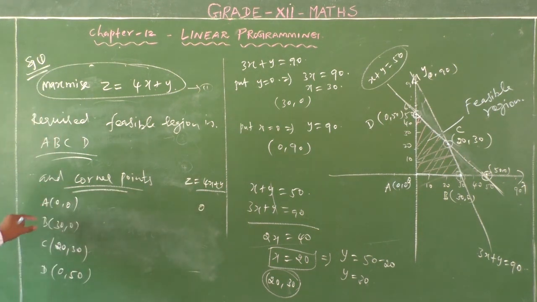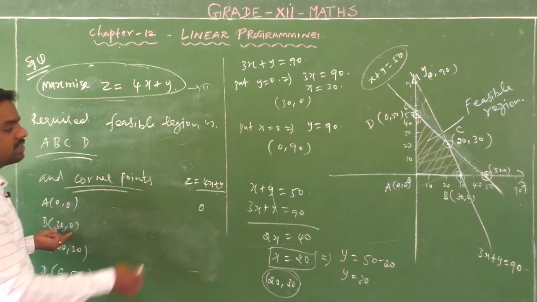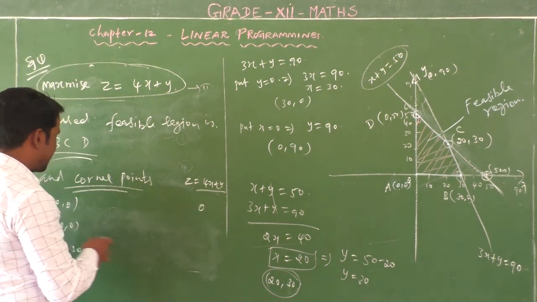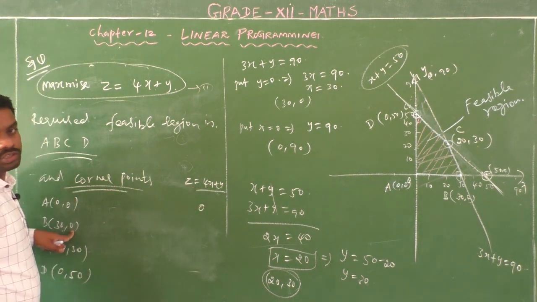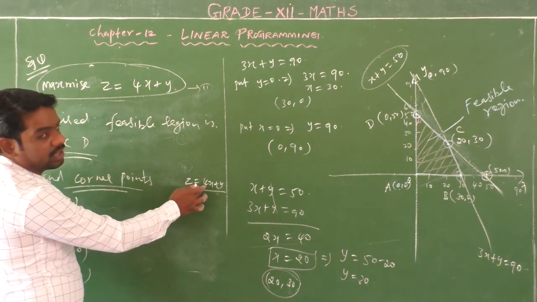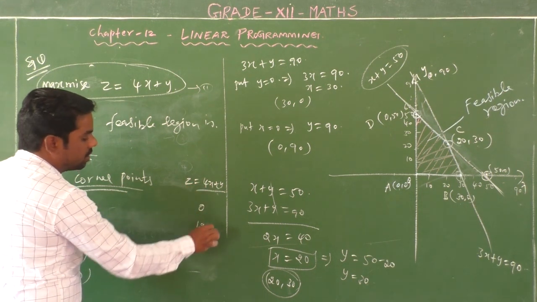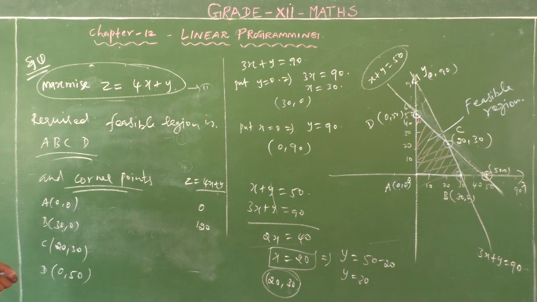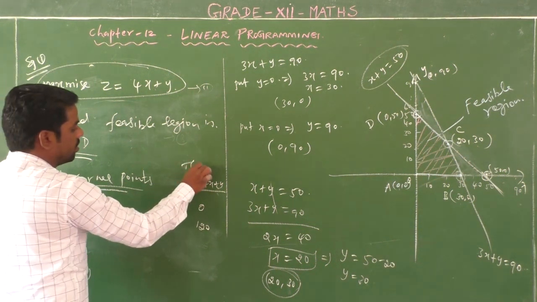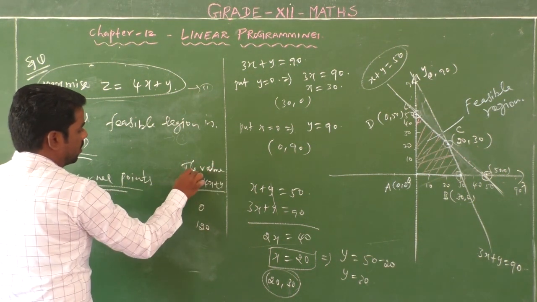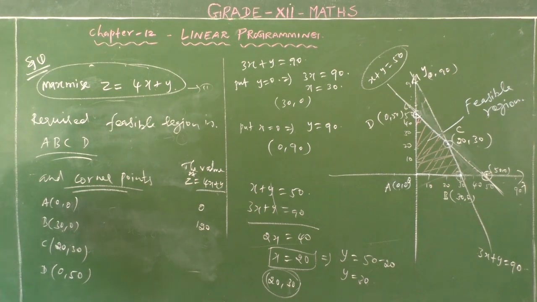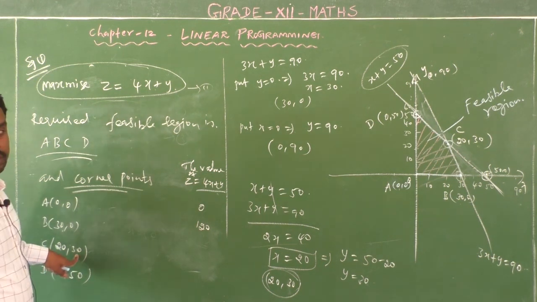Next, substitute the point 30, 0 in z equal to 4x plus y. So x is 30 and y is 0. So 30 into 4 is 120 plus 0 is 120. Next, the third point C, 20 comma 30. So x is 20 and y is 30.